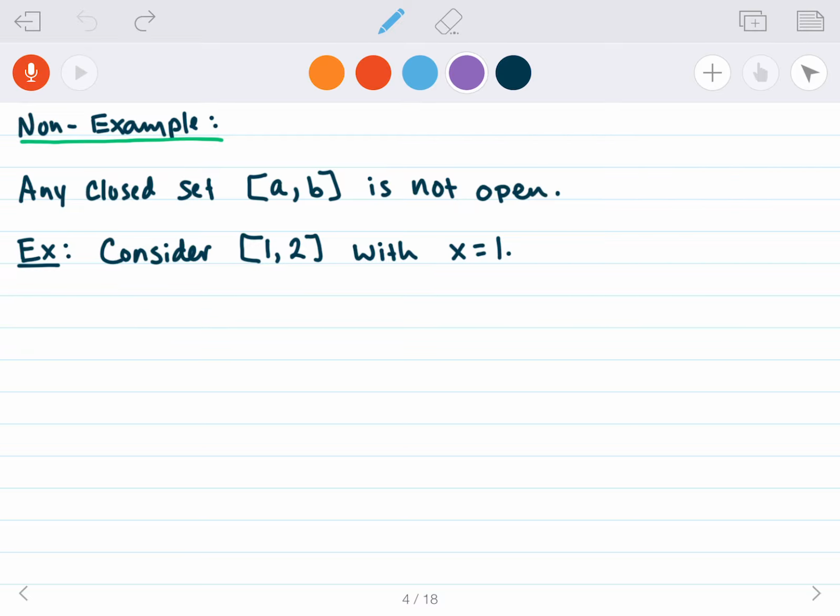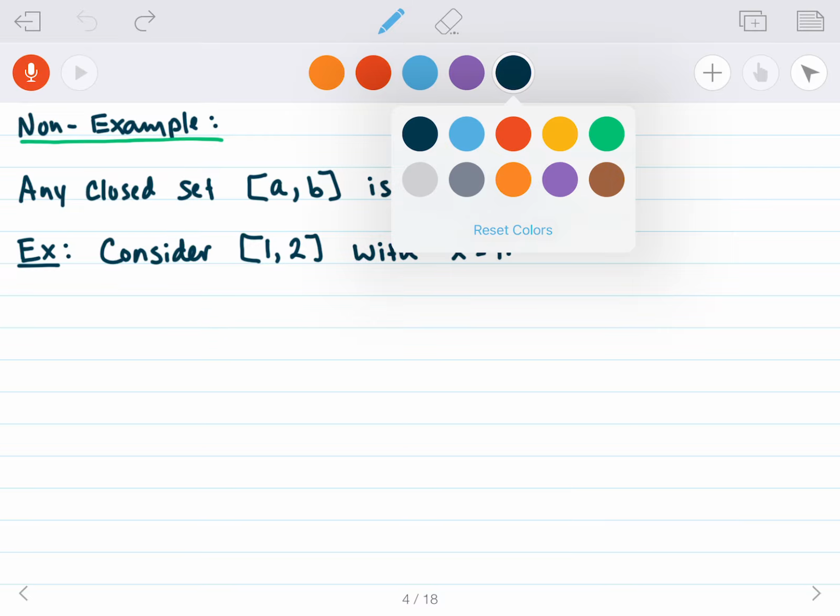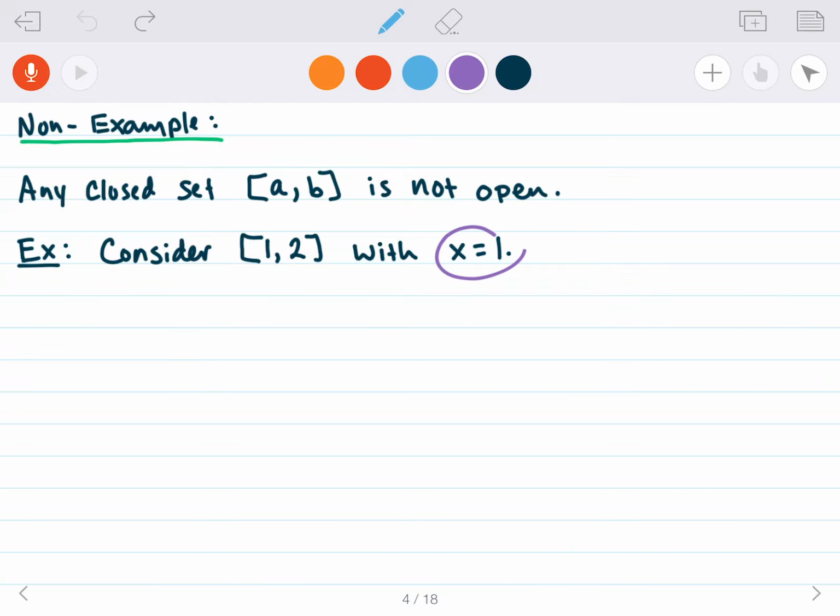By the definition of openness, we should be able to take any single point in our set and put a little ball around it that stays in the set. But we can't do that with closed sets, and let me show you why. The definition of open says that for every point we have this property. So this is not open because, check this out.